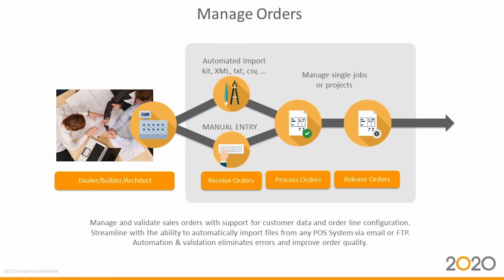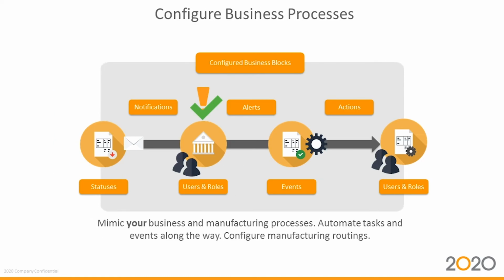Once we have the order in Insight, through a regular status change, we can move it forward. And the nice thing in Insight is that we have a workflow tool built into the software, which allows you, as our customer, to configure your business processes. That means you can use the standard functionality of the software to make the software your own. And for us, that is very important.